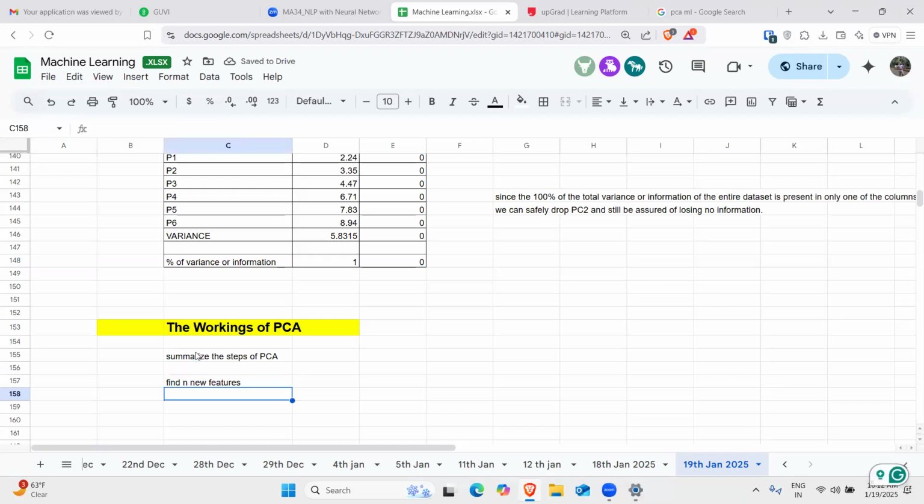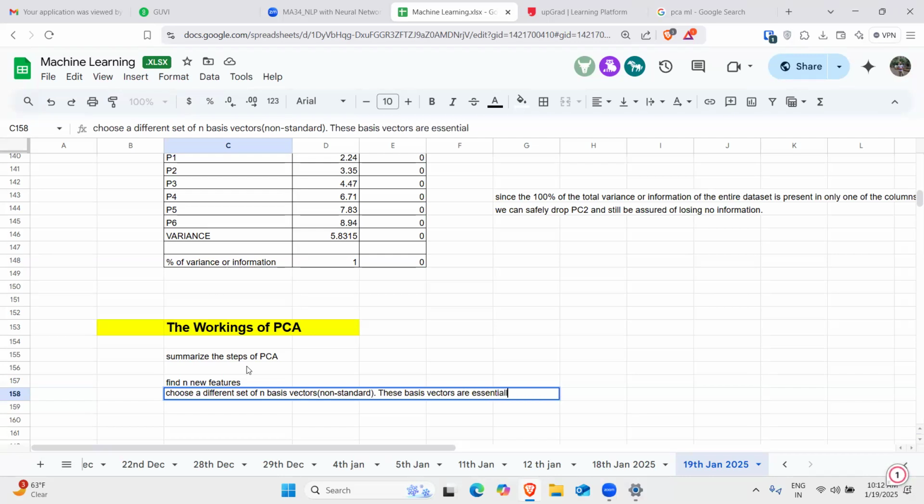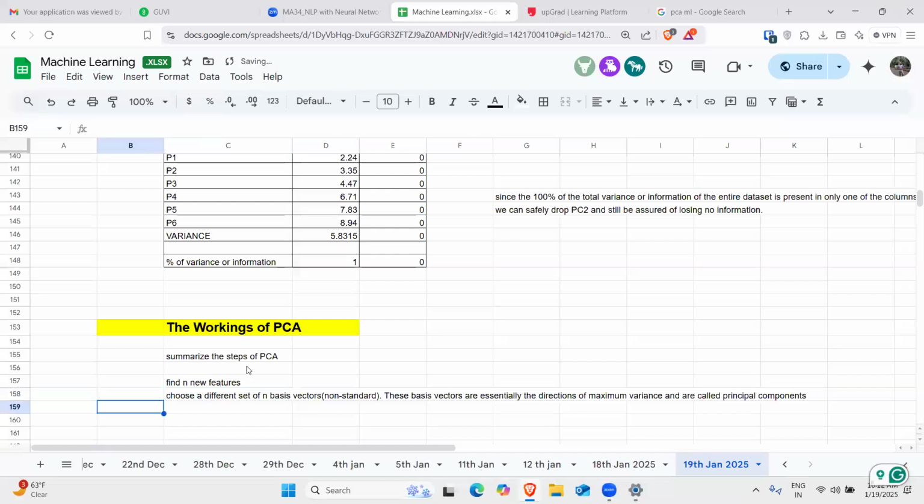We choose a different set of n basis vectors, non-standard, and these basis vectors are essentially the directions of maximum variance and are called principal components.